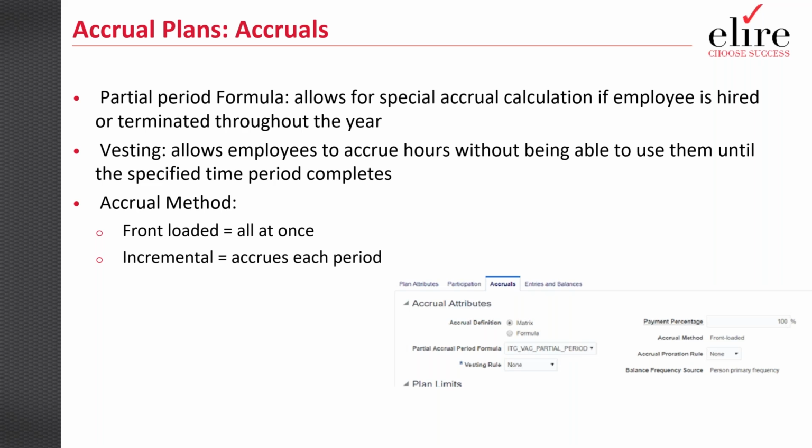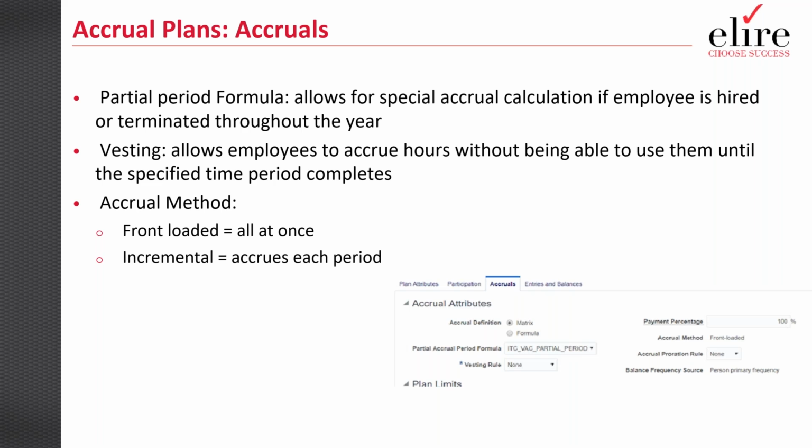And then the final portion to talk about on accruals is the accrual method. As I'd said earlier, if I have 80 hours at the beginning of the year all at once, that is termed as a front-loaded plan in Oracle. So that just means that I get that endowment one time, and then I don't get it until the next period starts.